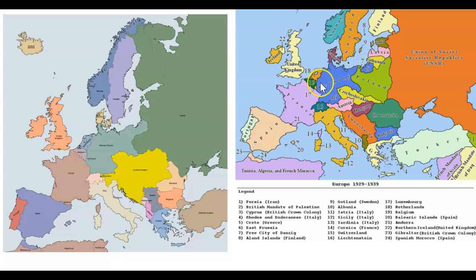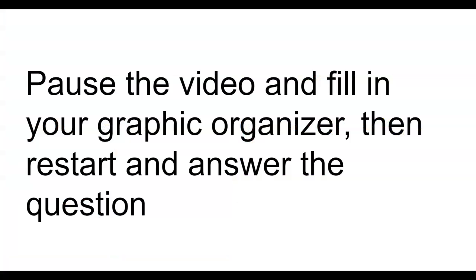They've lost a lot of territory, especially this piece of land here. And part of their territory they're not allowed to have their army in. We'll get to that a little later. So hopefully you can visualize some of the reasons why the German people are not super happy. Okay, pause the video, fill in your graphic organizer, then restart it and answer the question.